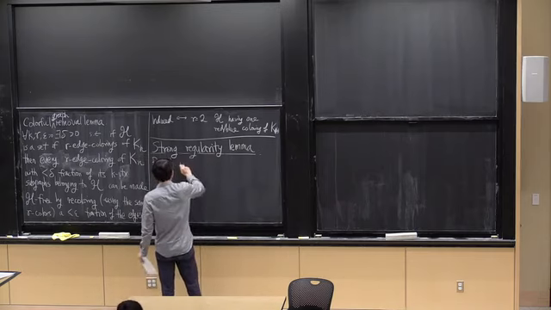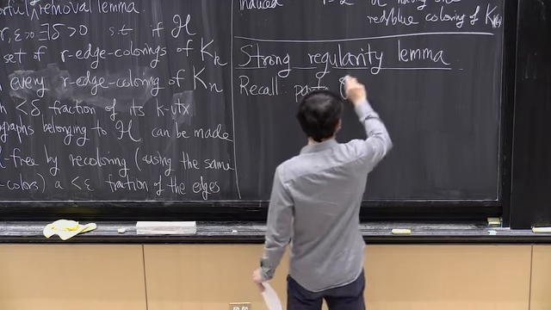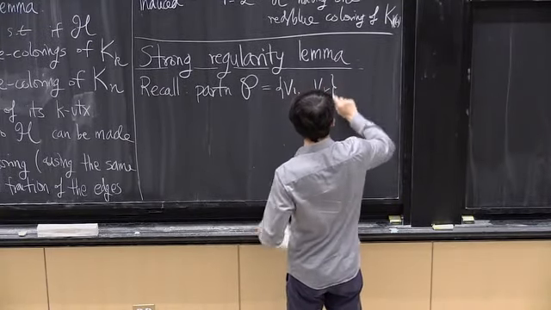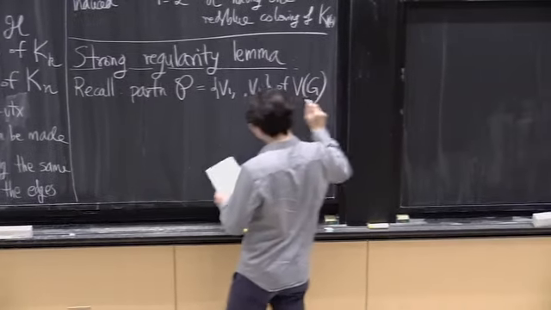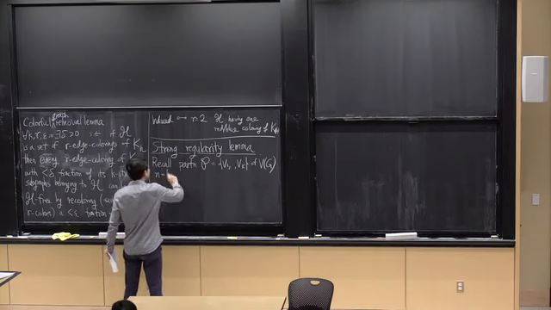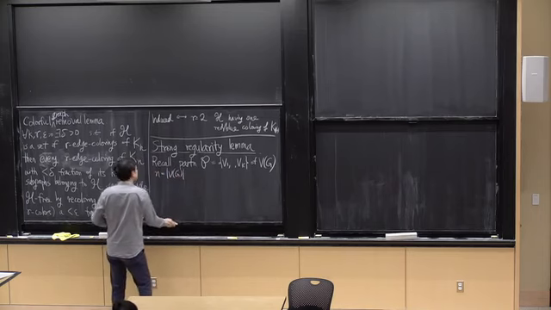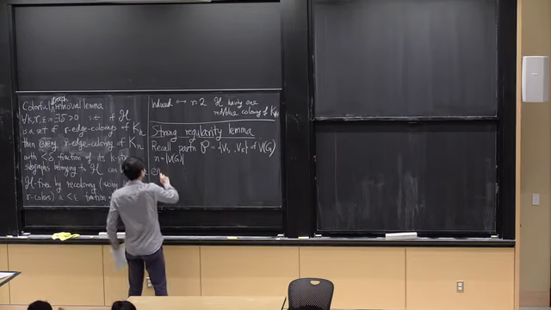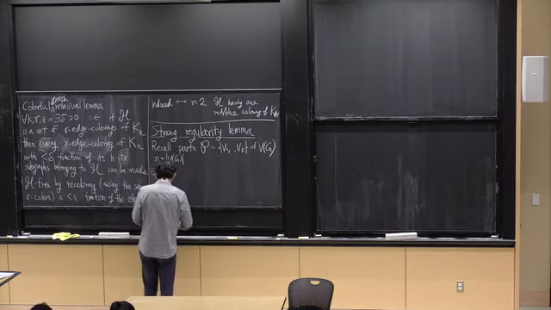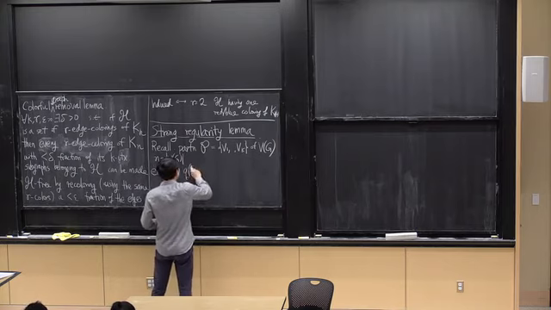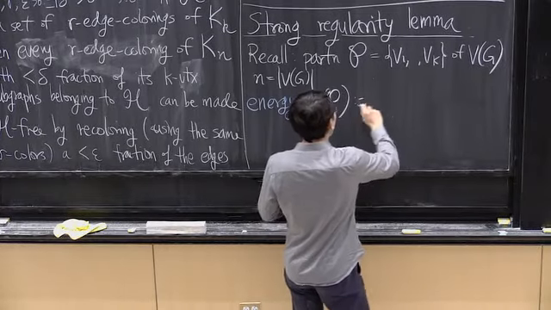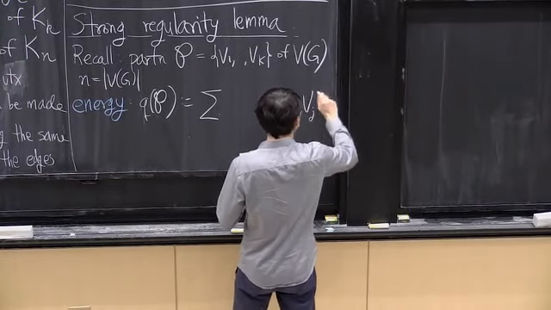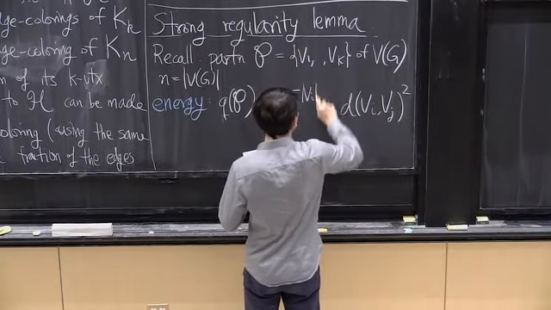Recall that if you have a partition P of the vertex set of the graph G, where n is the number of vertices, we defined this notion of energy to be this quantity denoted Q, which is basically a squared mean of the densities between vertex parts, appropriately normalized if the vertex sets do not all have the same size.